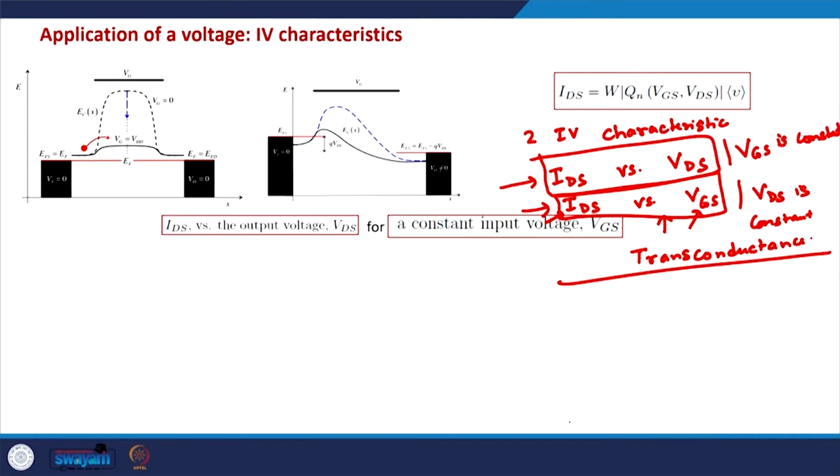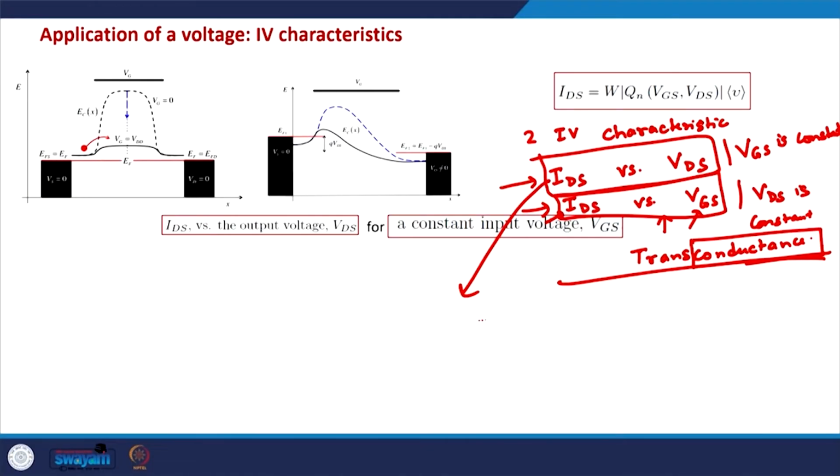It is not the typical conductance, because we are not considering the voltage applied on the same terminals through which the current is flowing. So the conductance is delta IDS versus delta VDS, and the transconductance is delta IDS versus delta VGS.